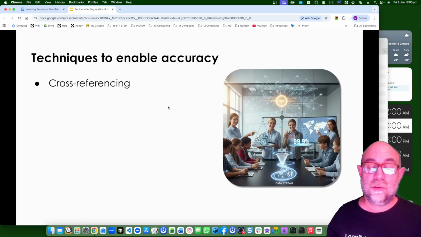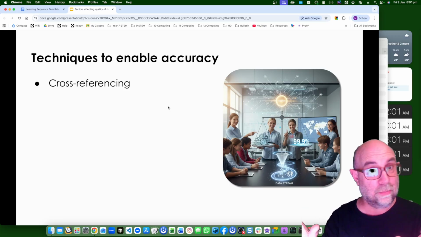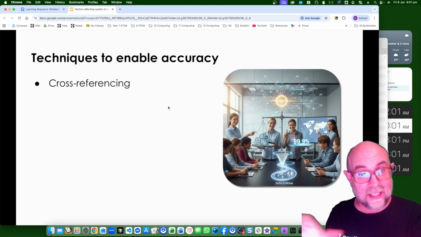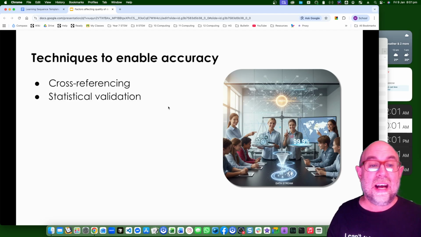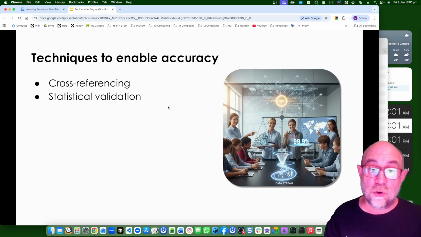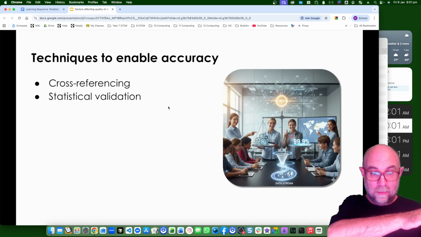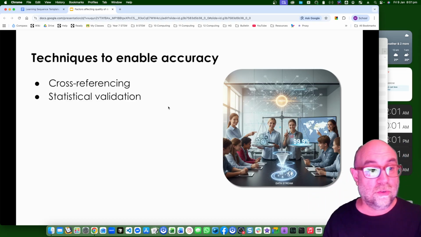One of the things that you can do is cross-reference it. You can say, well, here's the data and here's credible data. Are these things a good match? Is this a reasonable result here? Statistical validation: we talk about a normal distribution, which is what we mean when there's a few scores at the bottom and then most in the middle and then fewer scores at the top.